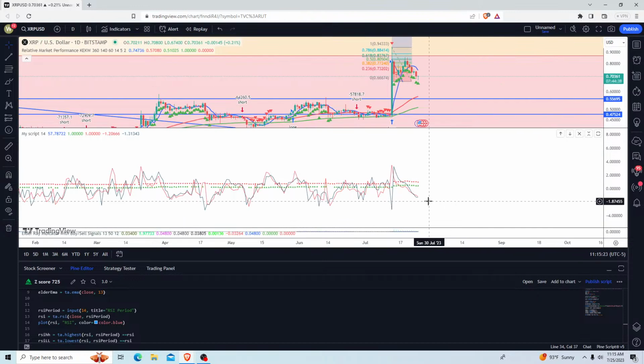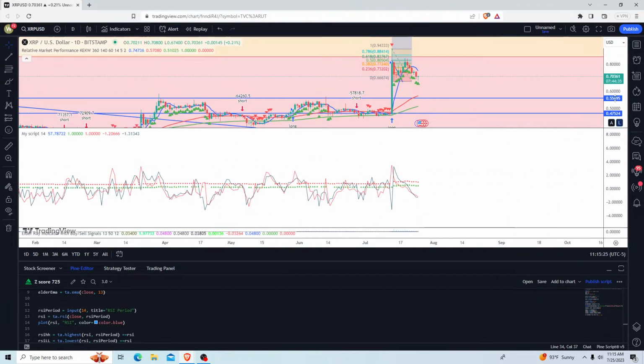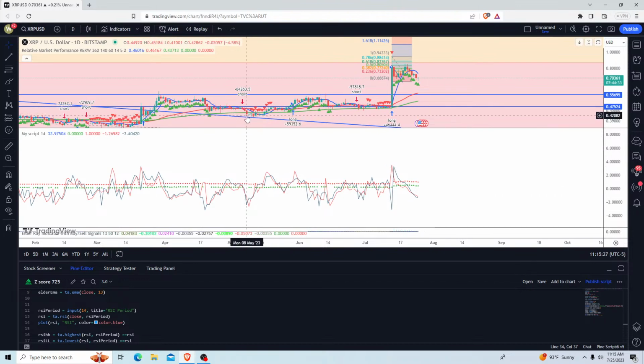Yeah, it's looking oversold, right? It's starting to look oversold. Watch out. We're going to start bottoming really soon.